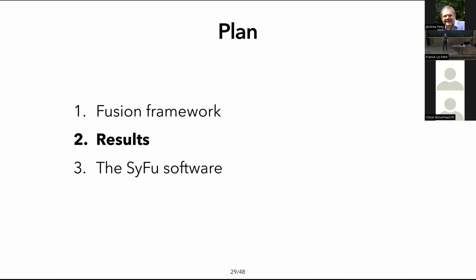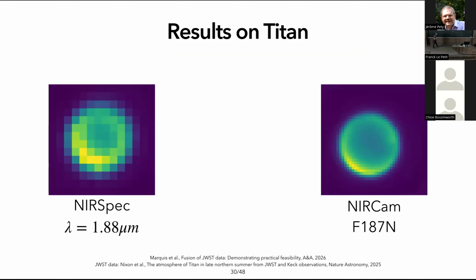Now, the results on real JWST data. Here you can see Titan observed on the left by NIRSpec and on the right by NIRCam. For NIRSpec, I chose particular wavelengths, and I show you the closest NIRCam filter on the right.